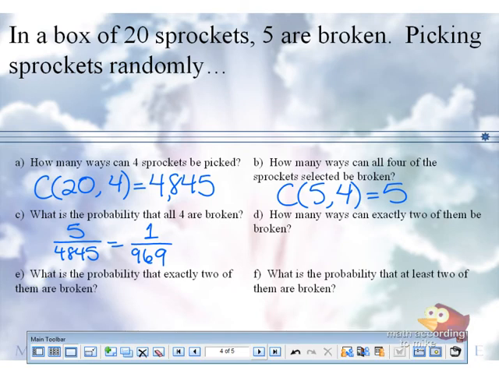So part B was all 4 of them are broken. Part D, exactly 2 of them are broken. Remember, we're picking 4, so part D really means 2 of them are broken and 2 are not. How many ways can we pick 2 to be broken?